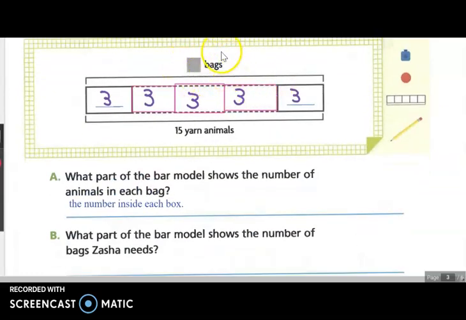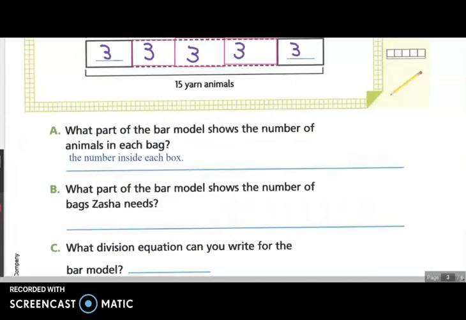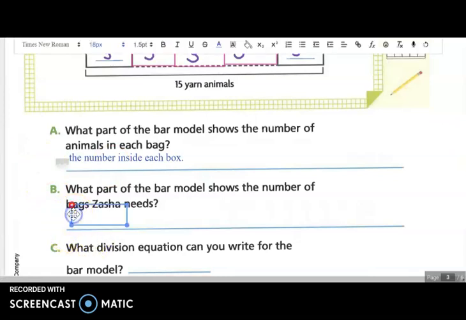Yes, that's in the key right up here. You can see that the squares or the rectangles represent the bags. So the number of the boxes represent the bags needed.